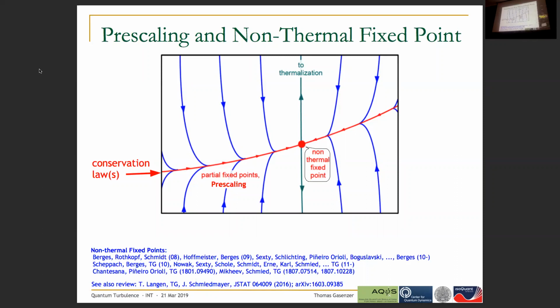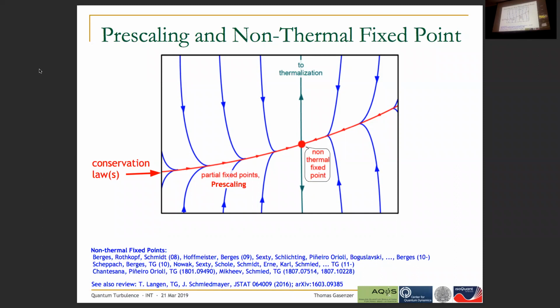The picture is supposed to be the full picture in the full fluctuating theory. It's not a classical approximation. There are fixed points in the theory, real fixed points in the theory, which are not thermal in the quantum. Now you're absolutely right, the fixed point itself will be a classical fixed point.